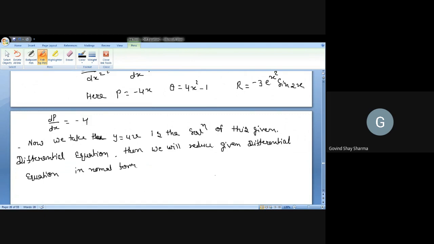Normal form means d2v upon dx2 plus Iv is equal to S.